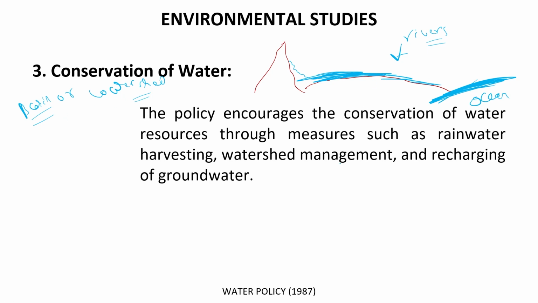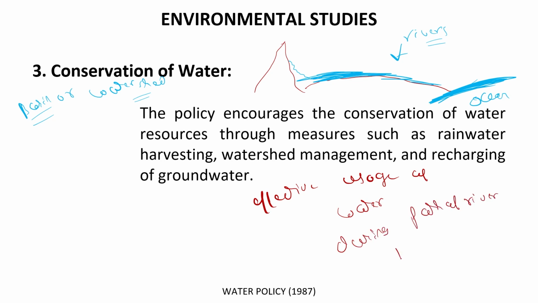So watershed management basically means effective usage of water during the path of the river before merging with the ocean. Simply, we should use the water effectively when the river is on the land.